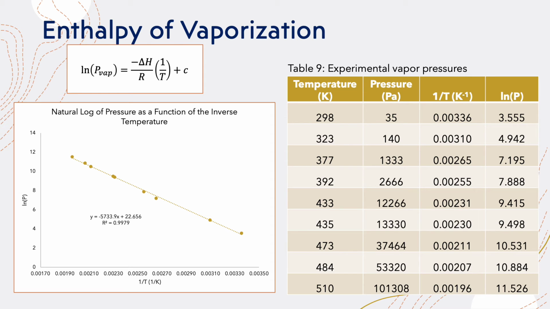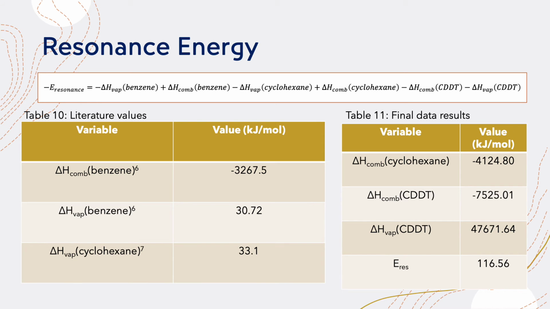And we can compare this to the equation of the line when we plot the natural log of P and the inverse of T. And we can compare these. So since the slope is given by negative enthalpy over gas constant, we can use this equation of the line to determine the enthalpy. So the enthalpy of vaporization of CDDT was found and listed in this table right here.